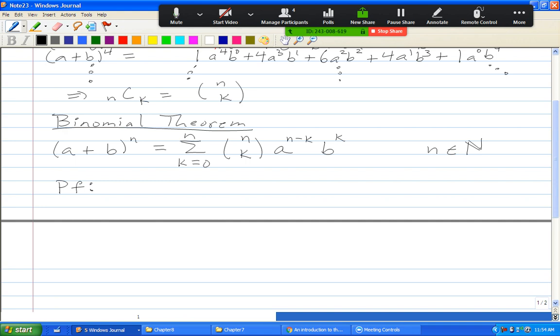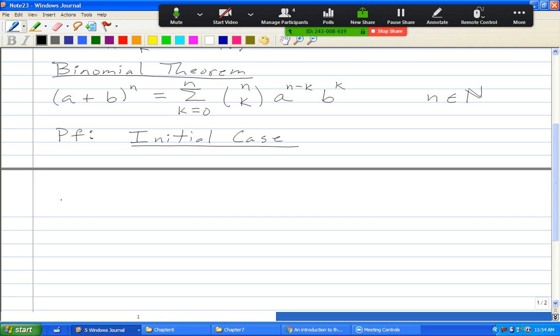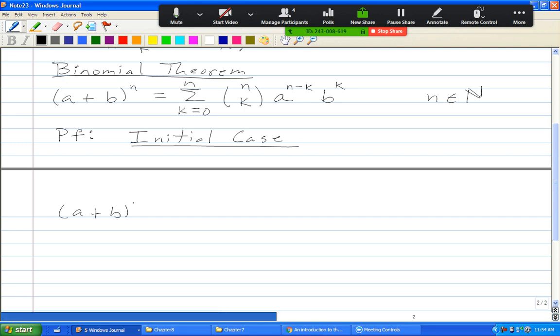Okay, so let's do the initial case. First, let's see if this formula is true when n is 0.